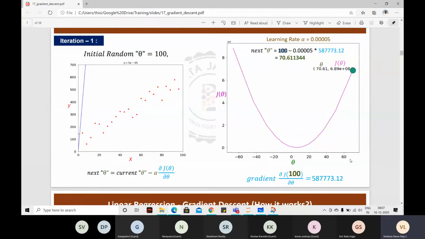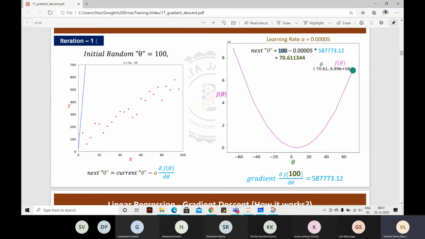What I need to do? I am somewhere here. 100 is somewhere here. I need to move to this place. Right? I am trying to find best theta. The random theta chosen was 100. I need to move slowly to this place. To move the algorithm to this place, what I am doing?